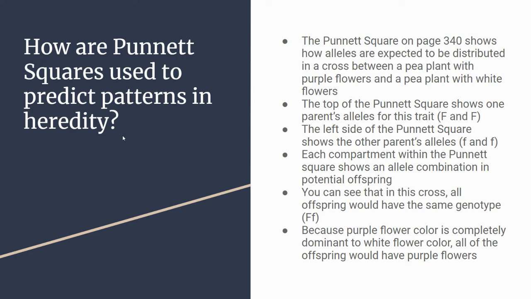So when it combines, you have a capital F and a lowercase f in those boxes. Do you see that? Which then means when you look at those capital F and lowercase f, every single one of those offspring is purple.